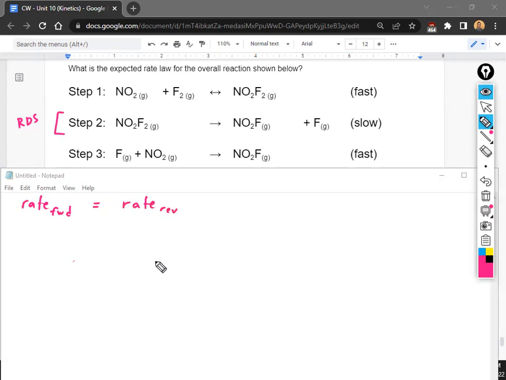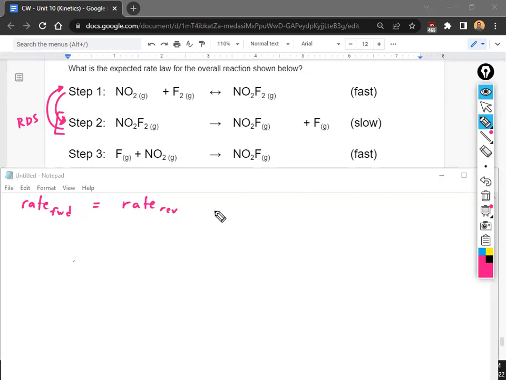Reactions are reversible. A lot of times they are. Which means going from step 1 to step 2 is the same rate as going from step 2 to step 1, right? It's just the opposite.